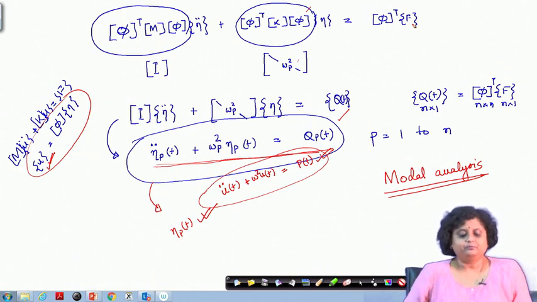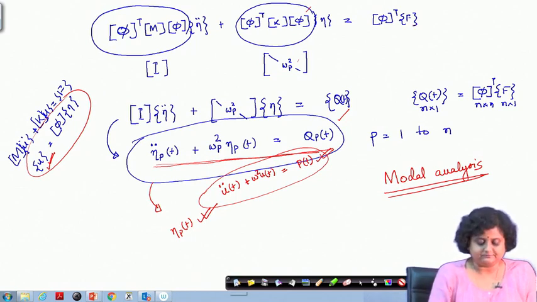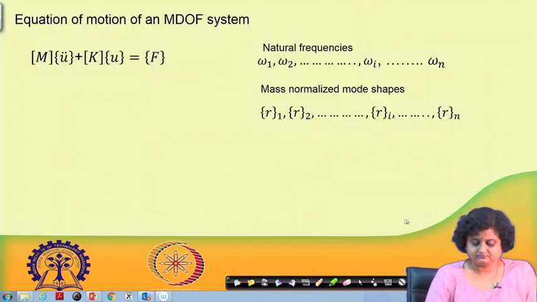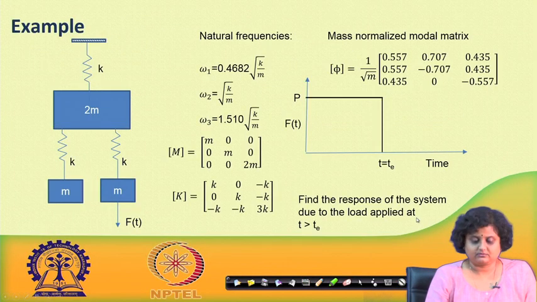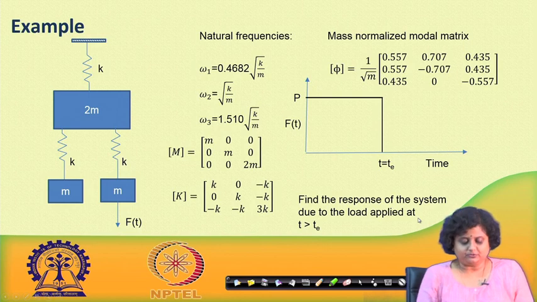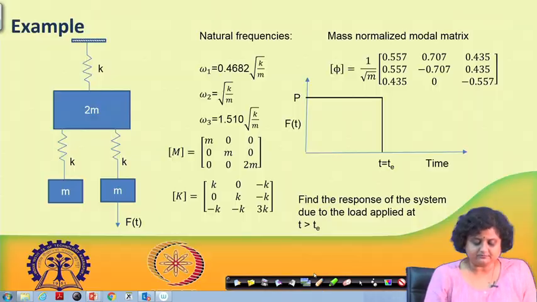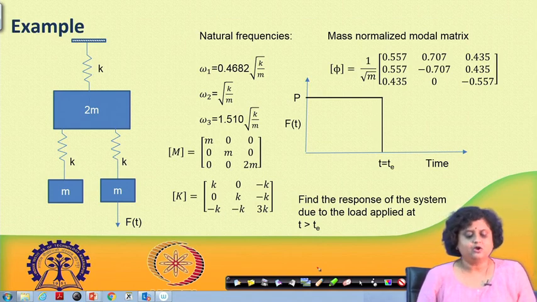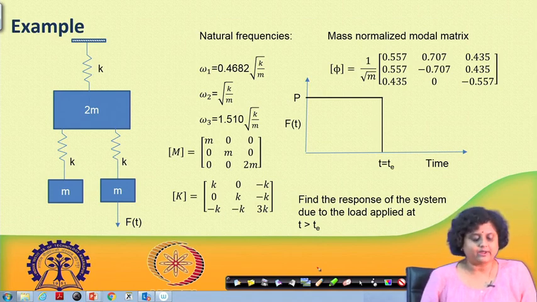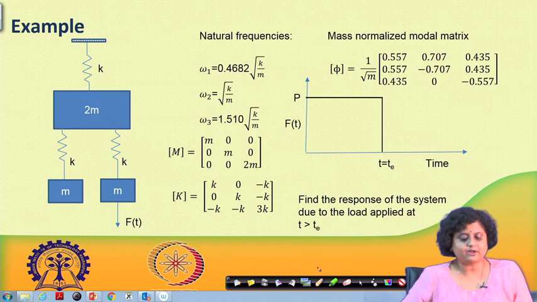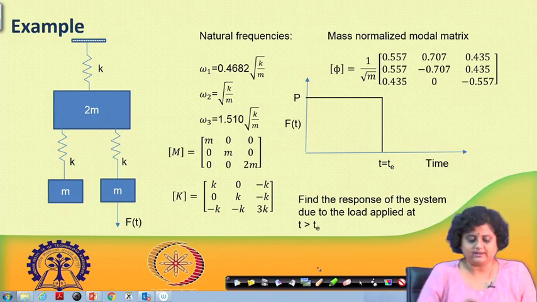Okay. So, let us now next solve an example problem which will help us to clarify what we have learned. We have already done part of this problem earlier. Let us now extend this problem to a forced vibration case and try to solve it using modal analysis.